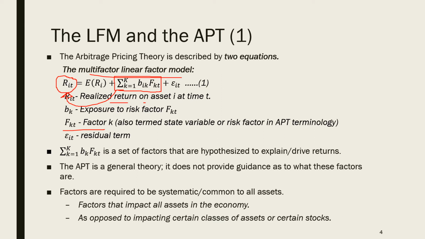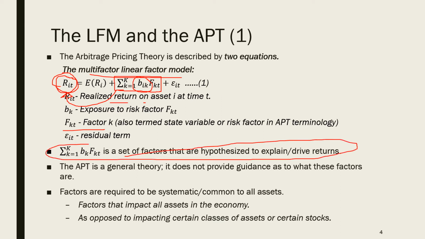And the exposure of returns to each factor is quantified by the so-called beta, this term here. So what we have is a relationship between returns, the behavior of assets, and a set of factors that are hypothesized to drive these changes.